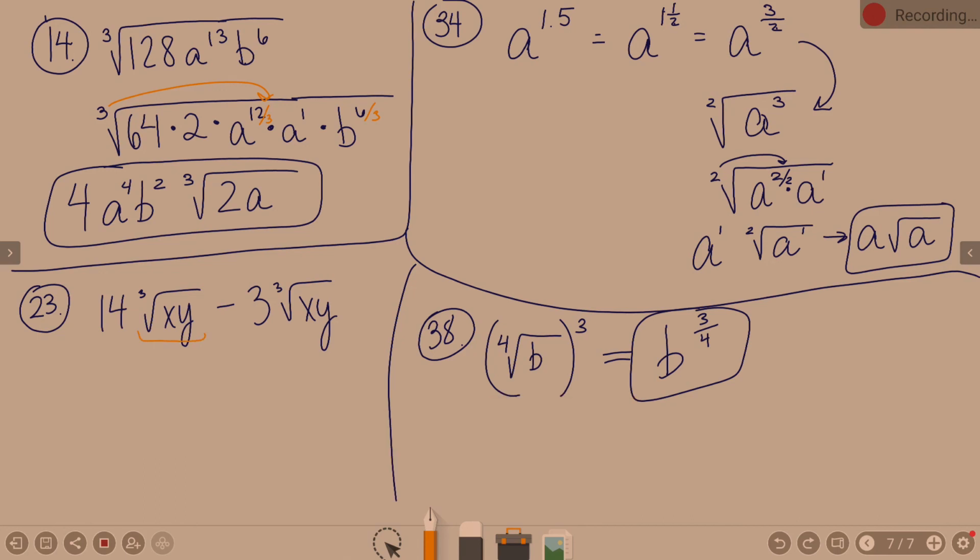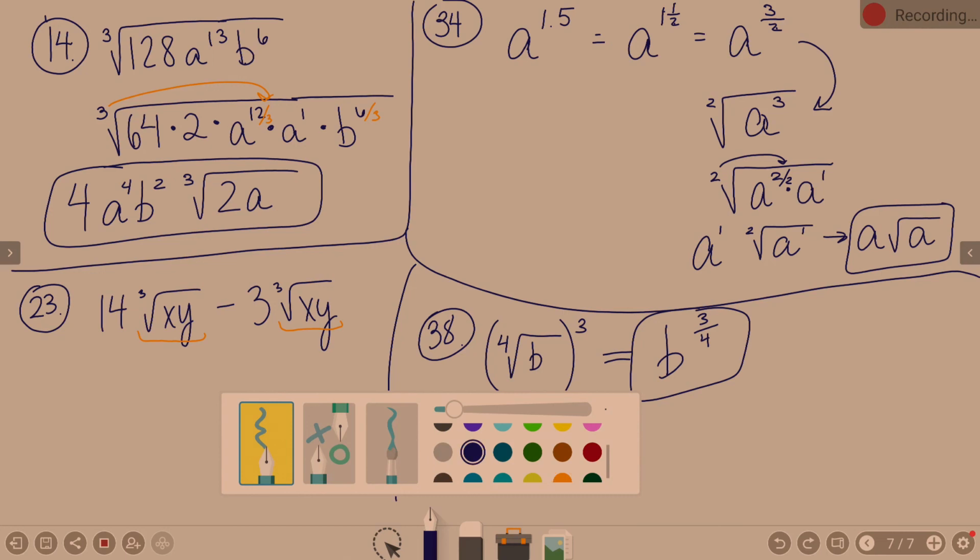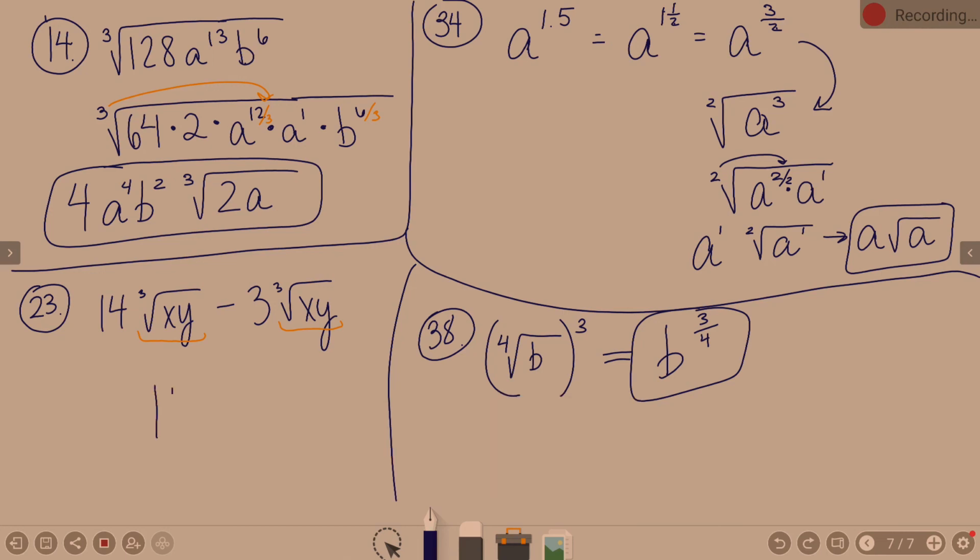What do you notice about both of these? They are both cube root of xy. So what is 14 cube root of xy minus 3 cube root of xy? Or in other words, what's 14 of something minus 3 of something? 11 of something. And in this case, it's 11 of cube root of xy.